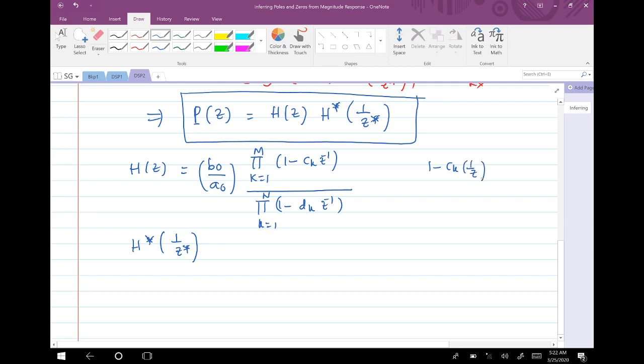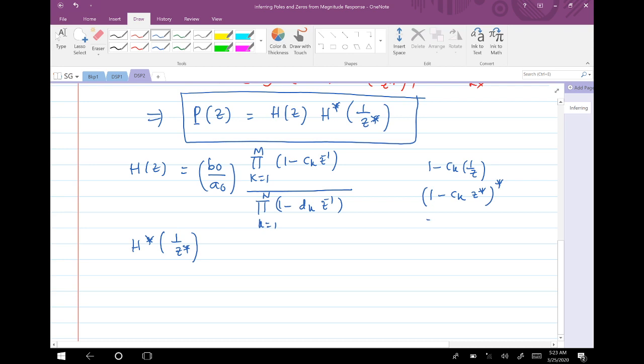Now what I need to do is replace z with 1 by z conjugate, and then you take the conjugate of the whole thing. So that would be 1 minus ck, and z conjugate results, and you take the whole conjugate of that.